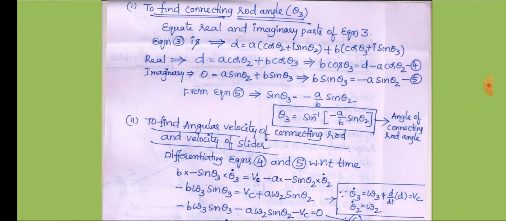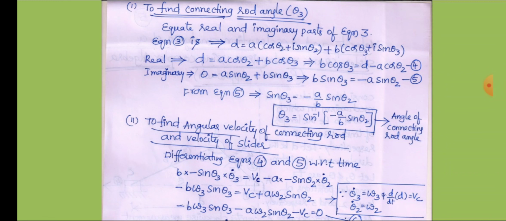Similarly, equate the imaginary part on both sides of equation 3. On the left hand side of equation 3, what is the imaginary part? 0. So 0 is equal to, on the right hand side I have two imaginary terms, a sin theta 2 plus b sin theta 3, that is equal to 0, from which I can find b sin theta 3 is equal to minus a sin theta 2.